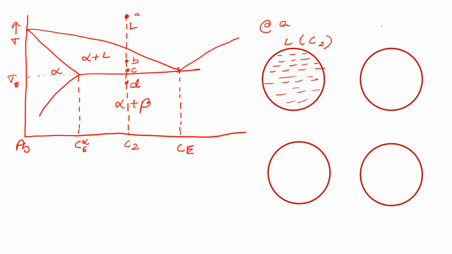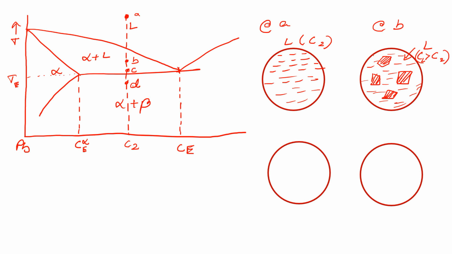So at point B we'll be having certain small crystallites of alpha forming. Those are very small though, because we have just started to precipitate them out, and the remaining part will be the liquid.